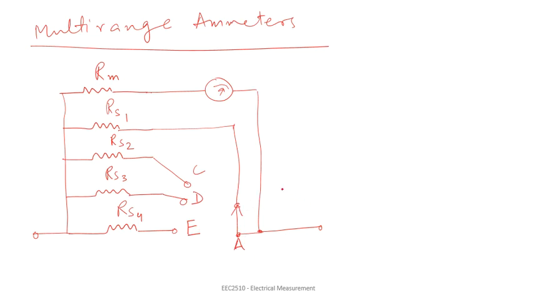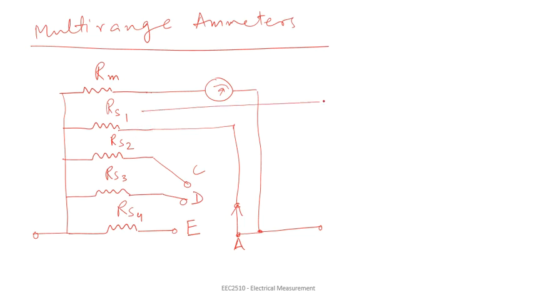Now this circuit describes a multi-range ammeter using different switched shunts. A rotary type of switch can be employed in this circuit to select any of the shunt resistances which are present, and all of these shunt resistances have different values.